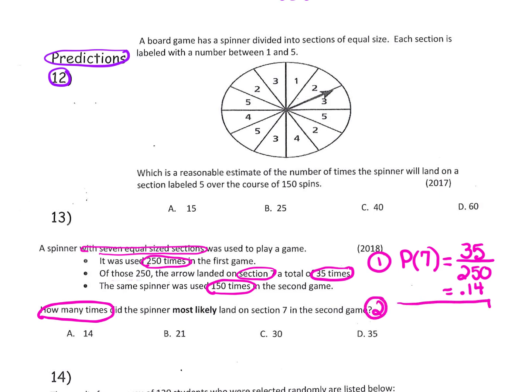As we draw a tape diagram to make our prediction, we know we're only going to spin a total of 150 times. 14% of those times, section 7 should show up, or 0.14. That's our rate we're going to use. So here we go.